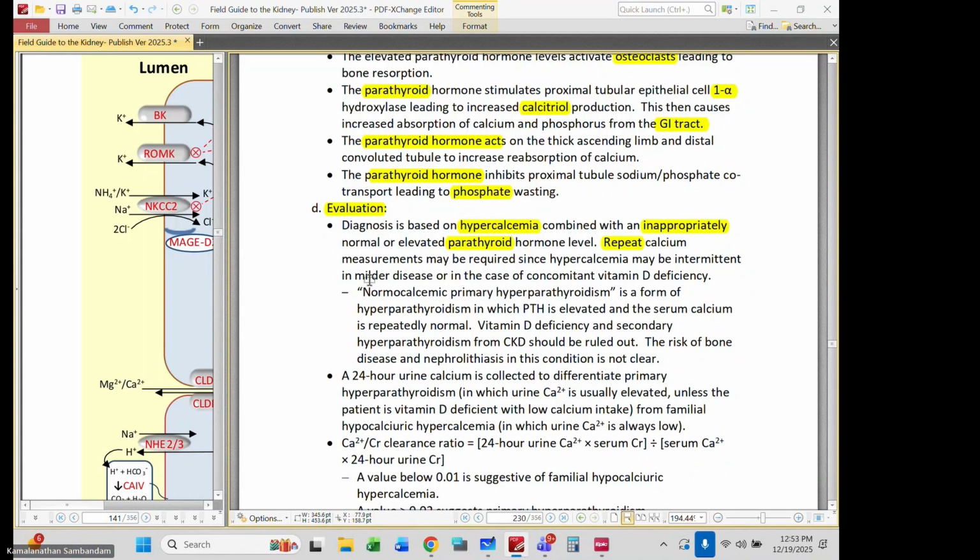Okay. There is a phenomenon that you're going to encounter that has some squishiness to it. It's something called normal calcemic primary hyperparathyroidism. These are consults you might get, or endocrine often gets, where PTHs are high and calciums are always normal.